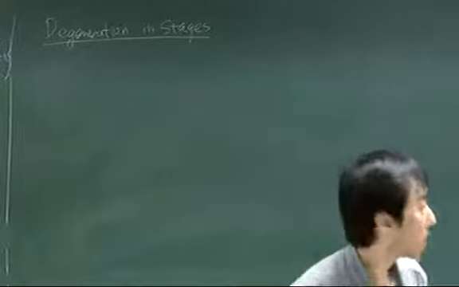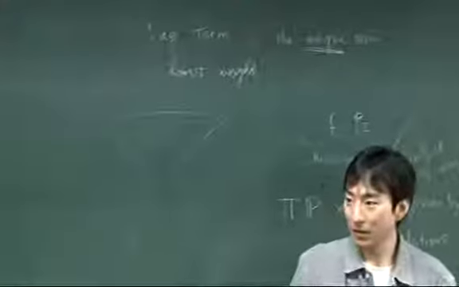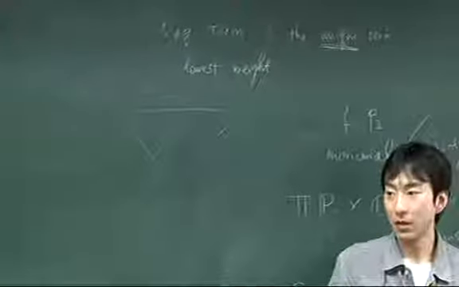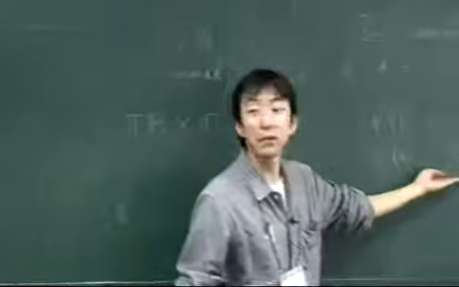No, the general fiber is a flag manifold, which is not a toric variety. So this is a deformation as a projective variety. Only the central fiber is a toric variety. So you may consider this as a smoothing of this singular toric variety.